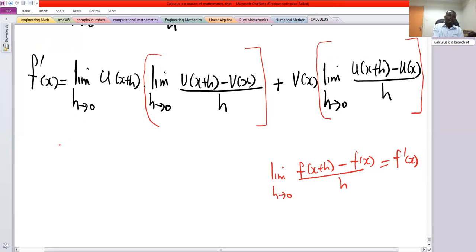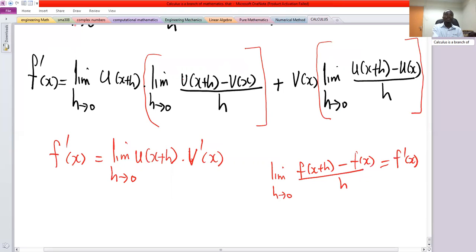So it tells us that we'll have f prime of x equals the limit as h approaches 0 of this u of x plus h. This one is just the derivative of the v function. So this is the same as times v prime of x or dv dx.